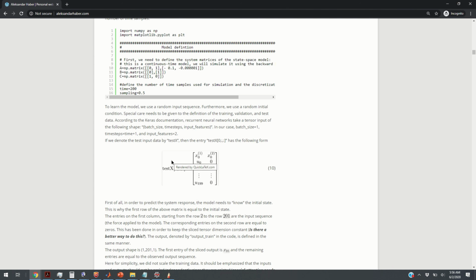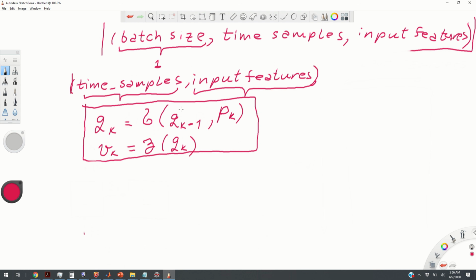One of the most important and critical steps in training the neural network is to properly define the input and output data. So let us dedicate a few minutes to this important problem. The TensorFlow and Keras libraries assume that inputs and outputs are organized as tensors. What is a tensor? Tensor is a fancy name for a matrix. So the Keras library assumes that your input data is organized as a tensor of batch size times time samples times the input features dimension.